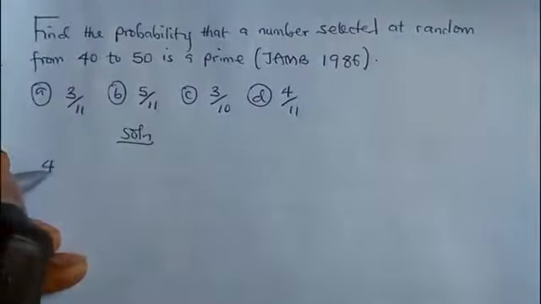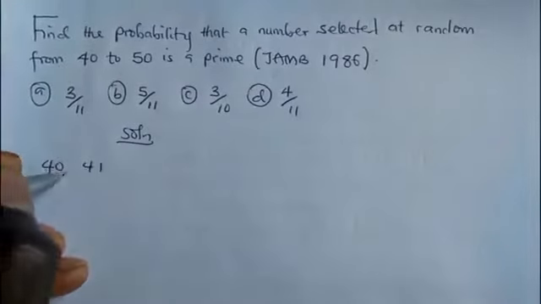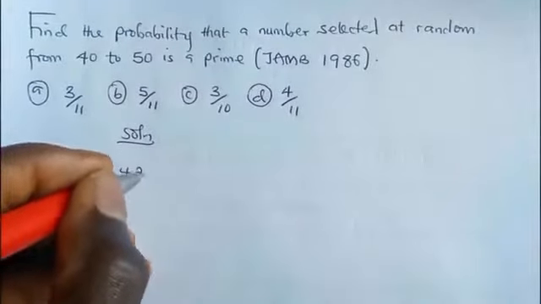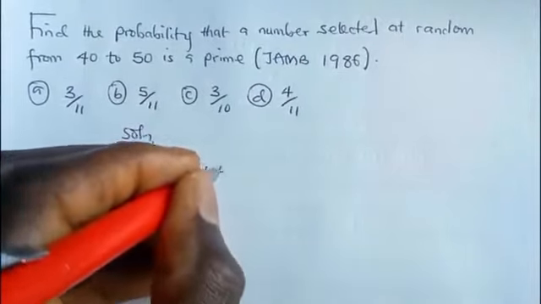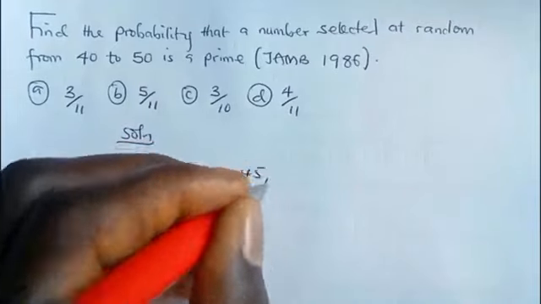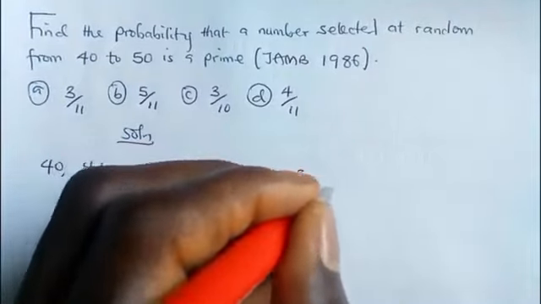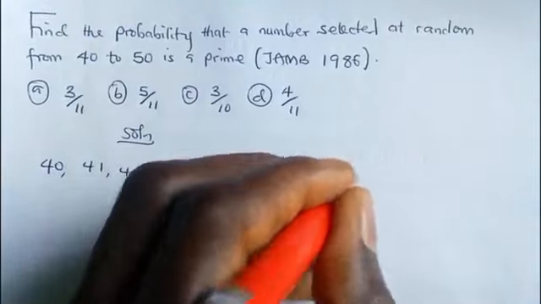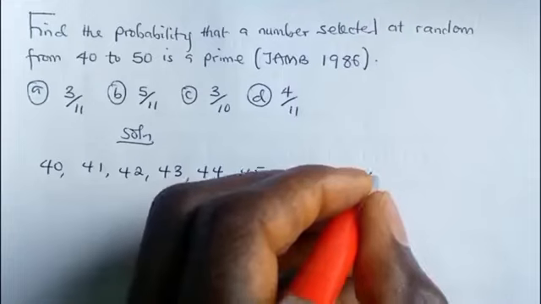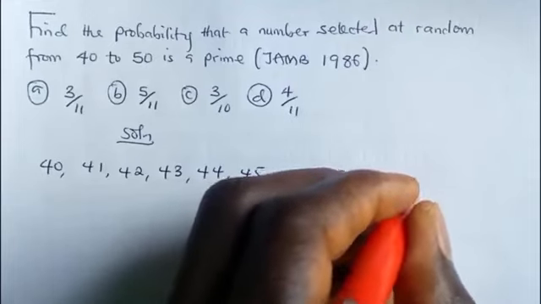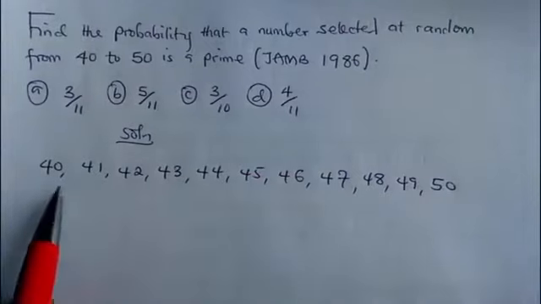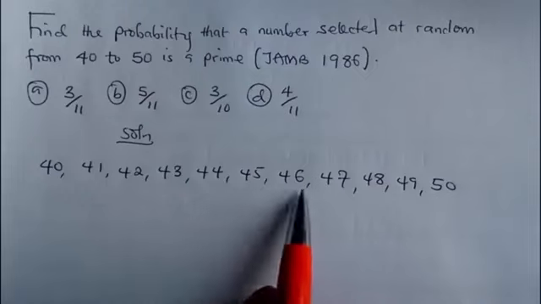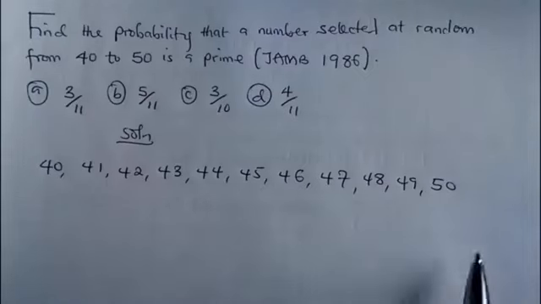We have 40, 41, 42, 43, 44, 45, 46, 47, 48, 49, 50. When you count these numbers, we have 1, 2, 3, 4, 5, 6, 7, 8, 9, 10, 11. The total numbers here are 11.